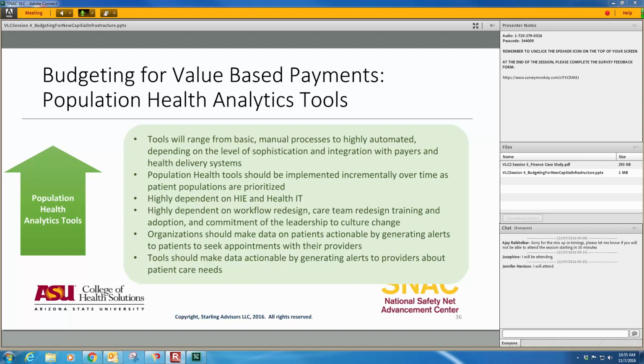When we talk about population health analytics tools, we've really seen a wide range in what this can look like, and a lot of this will depend on what your existing clinical strategies are. But tools can range from basic manual processes to something highly automated and dependent on some level of health information exchange across provider sectors.